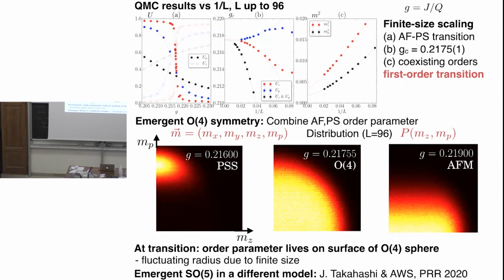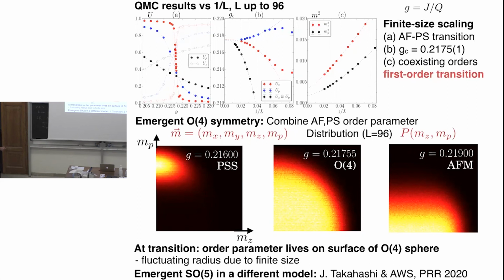Okay, so that is our demonstration of emergent O4, and it's not too different from what Nahum et al. did for their model, which was at the critical point. But this is not at the critical point. This is in a coexistent state. So this radius does not vanish when the system size goes to infinity.